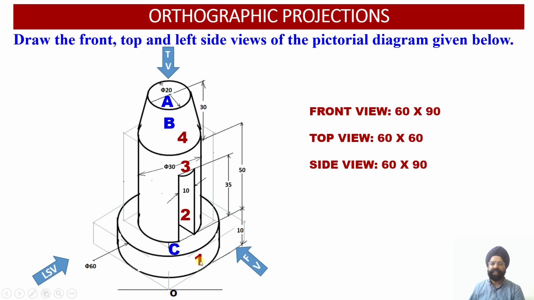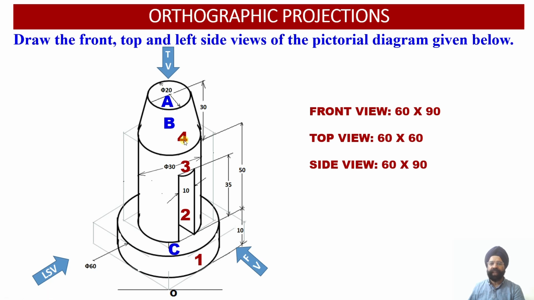Surface number 1 corresponds to this bottom block, surface number 2 corresponds to the rectangular slot in the second element of this component, then surface number 3 is the remaining portion of the second element excluding this rectangular slot. And then you have the top surface corresponding to the third element of the solid. This is surface number 4.